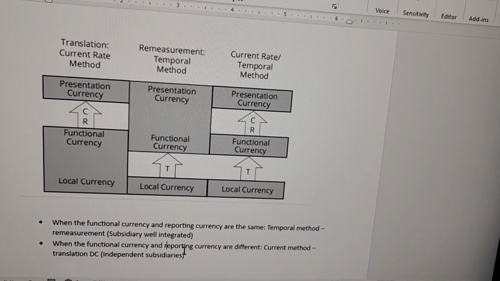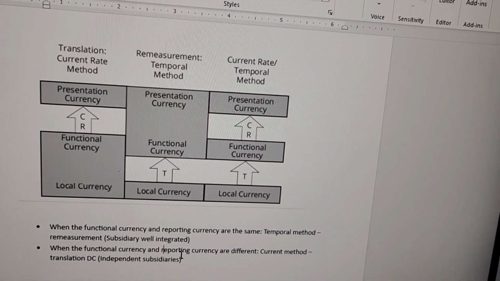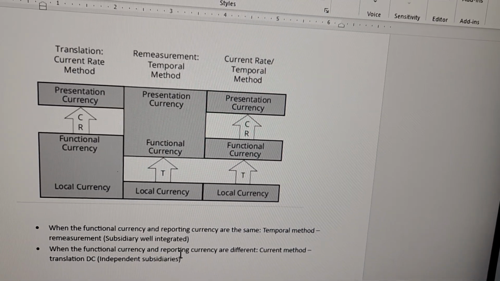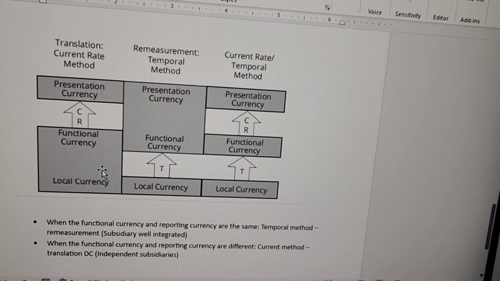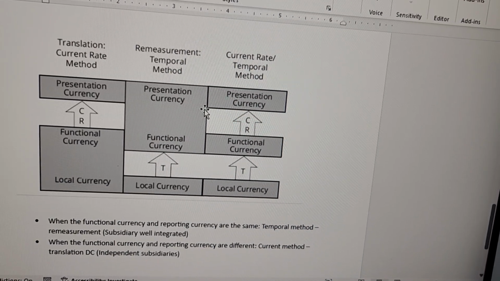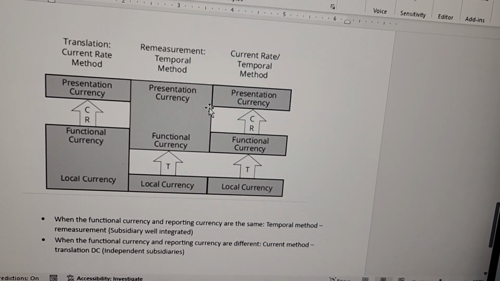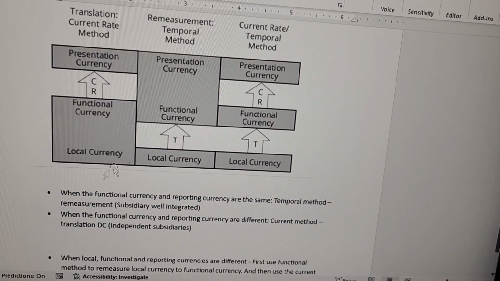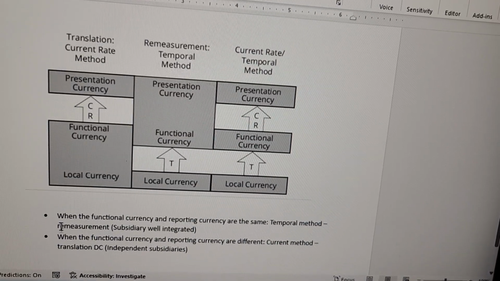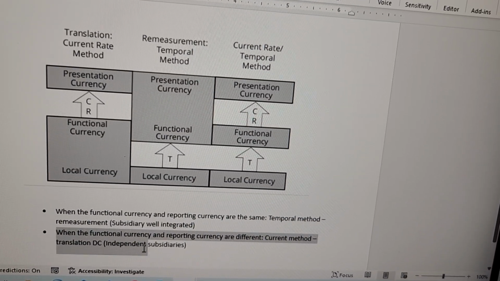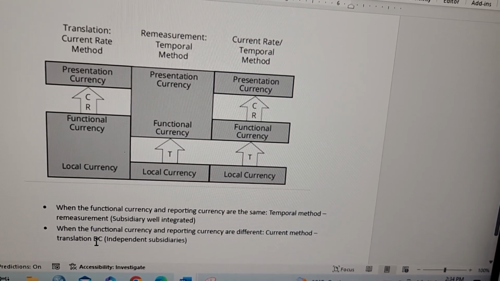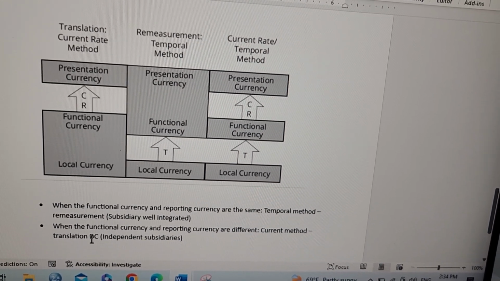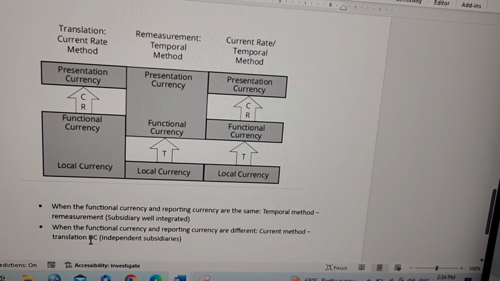It's not very well integrated with the parent and it's quite independent. And that's exactly what this chart is trying to tell us as well. But if you guys find this chart to be a little bit complicated and unnecessary, then just remember these points. I think the Washington DC acronym would be super useful, okay? So DC means functional different from reporting, use current.